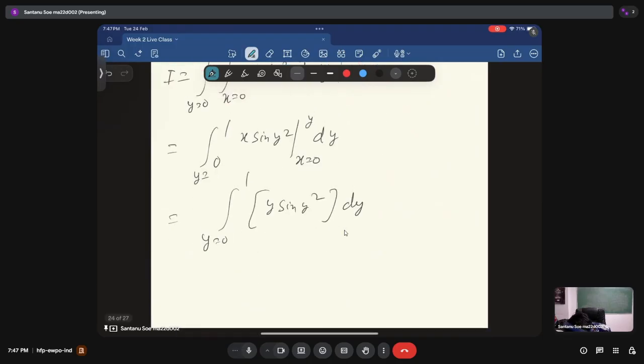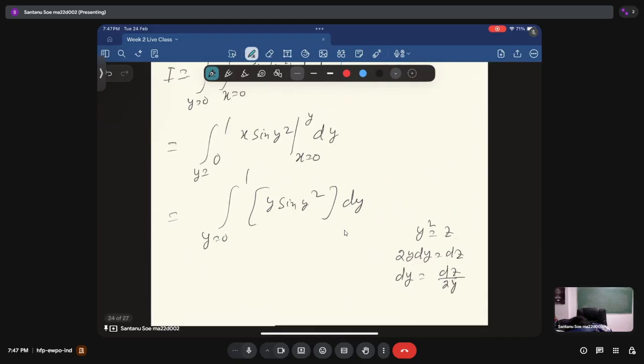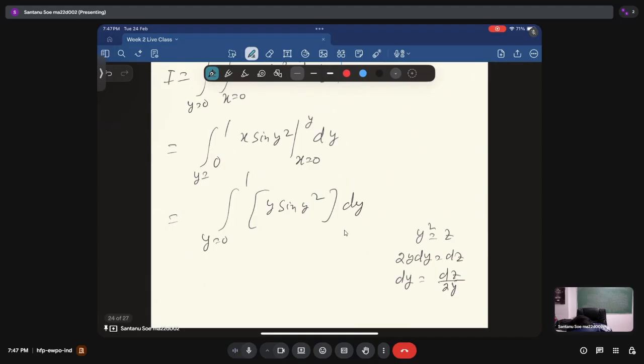Okay. So we can just put y square to be z, and then 2y dy is dz, or dy is dz by 2y. Correct. Or dz by 2 root z. So similarly, the limit will be also from 0 to 1.